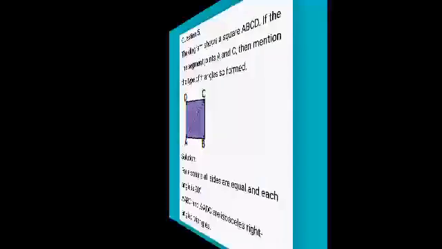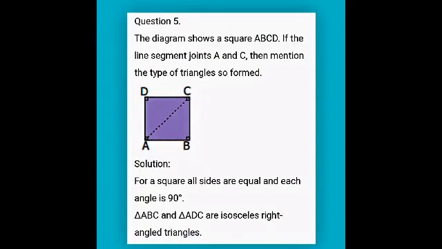Fifth question. The diagram shows a square ABCD. If the line segment joins AC, mention the types of triangle so formed, that is triangle ABC and triangle ADC. The diagram shows the line segment given.